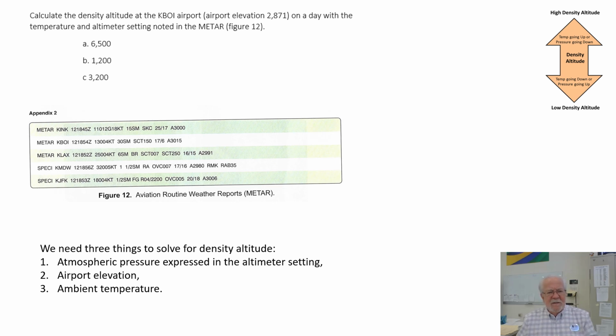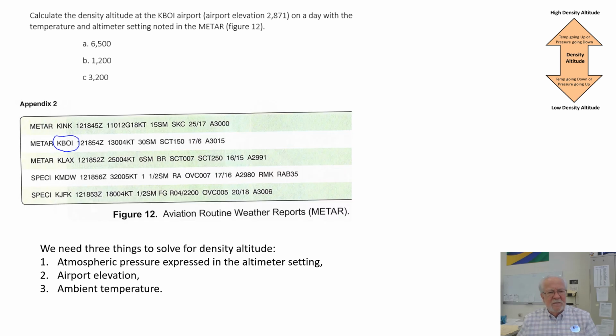First thing we need is to look at the METAR, find Boise. There it is there, BOI. Then we look over and start interpreting it, all right? So we know that this METAR is for Boise, BOI. The METAR was issued on the 12th of the month at 1845 Zulu time, wind 130 at 4 knots, 30 statute miles of visibility.